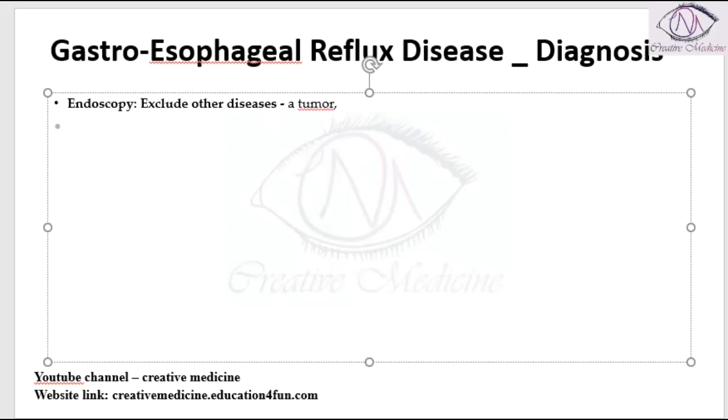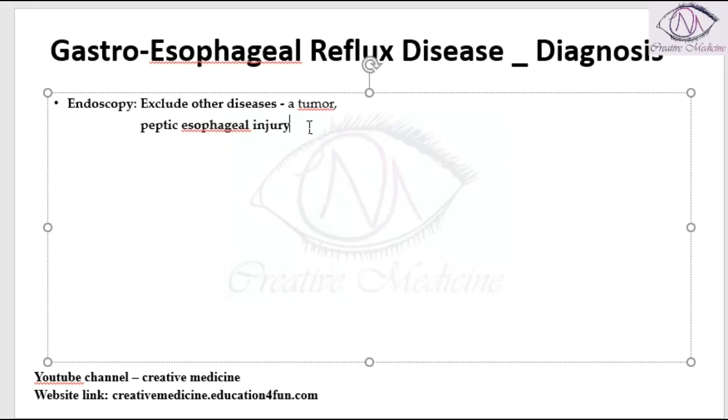And if there is any peptic esophageal ulcer or injury, it can also be seen with the help of endoscopy. So thus the endoscopy is very important for gastroesophageal reflux disease.